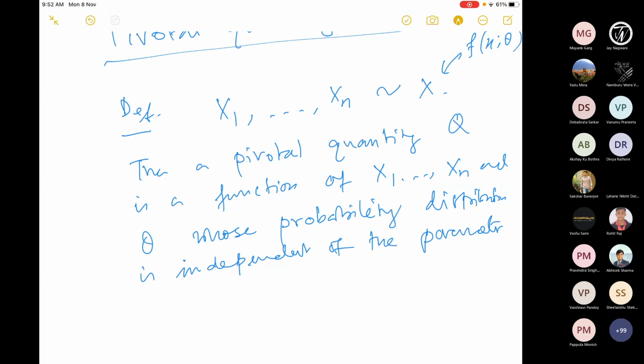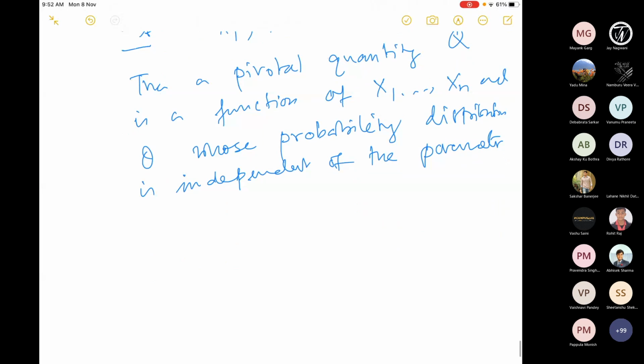It's a function of x1, x2, xn and theta, but its PDF is independent of theta. Now, a pivotal quantity will contain the parameter theta and a function of x1, x2, xn. So it is a statistic of theta, because again theta can be estimated using x1, x2, xn.